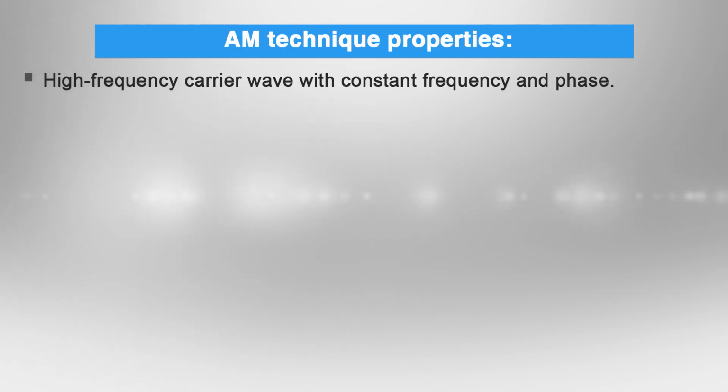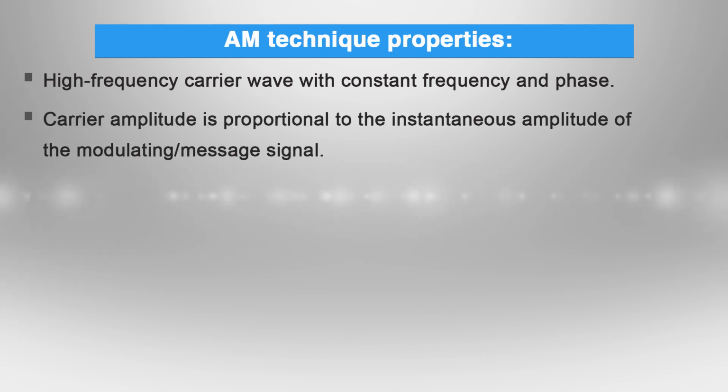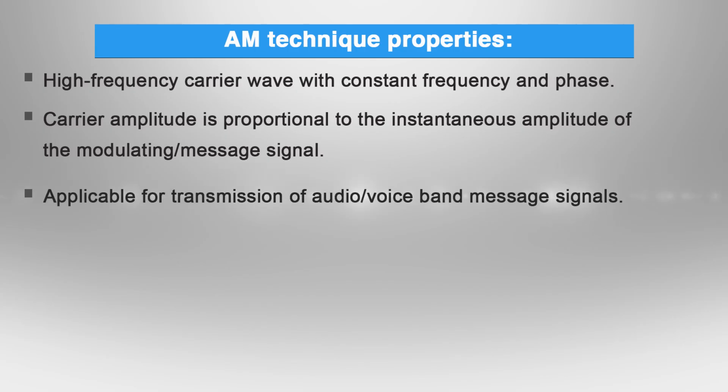Some AM properties are: a high frequency carrier wave with constant frequency and phase. Carrier amplitude is proportional to the instantaneous amplitude of the modulating message signal. Applicable for transmission of audio or voice band message signals.